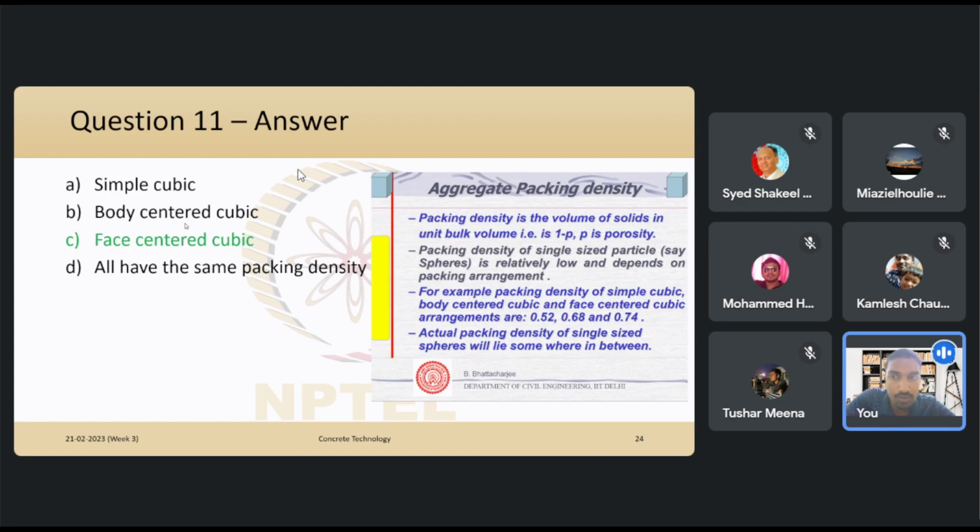You will intuitively be able to see that in a face centered you will have the highest density, and in fact you can go on to show that it is actually 0.52, 0.68 and 0.74, right? I'm not doing those derivations here, but you can show that numerically as well. Okay, so that's why it is the face centered cubic arrangement that has the highest density. You can try that, and if not, you can let me know. We can look at it in the next session.